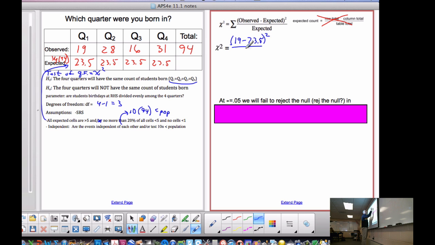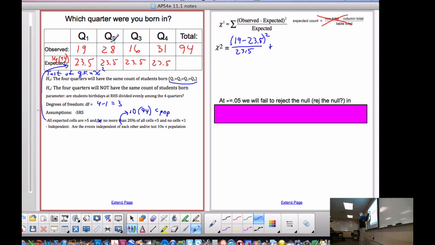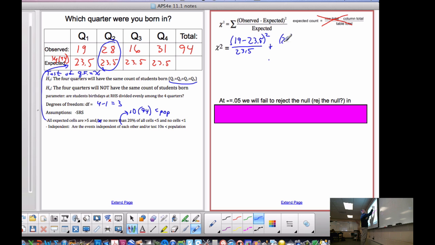Squared, divided by the expected of 23.5. Now what happens is people mix these up. It's always observed minus expected. Don't forget to square it. People will forget to square it. Plus the next one. We're dealing with these two numbers, right? So I'm going to go back here and do 28 minus the 23.5, squared over the 23.5.